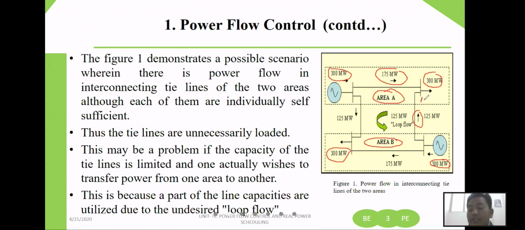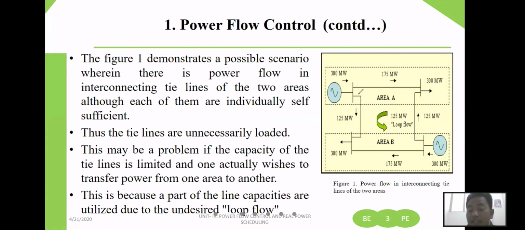We have made it like this, but even if you're not sharing it will be fulfilled. But for our reality we have to do it. Similarly in area 2, I'm taking 175 megawatt from its own generation, and from area 1 I'm bringing or sharing 125 megawatt, and I'm trying to fulfill the demand. This is the ideal case.